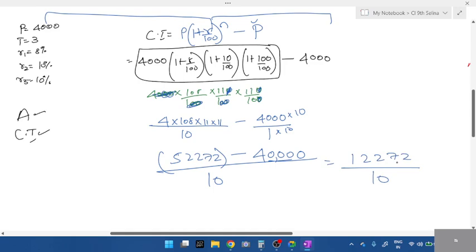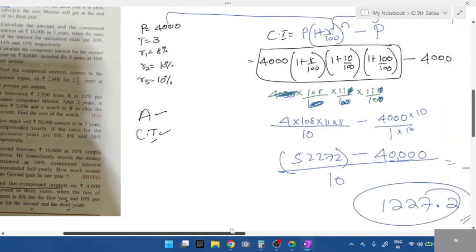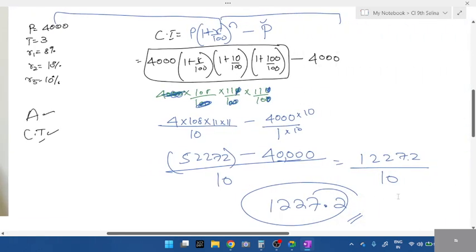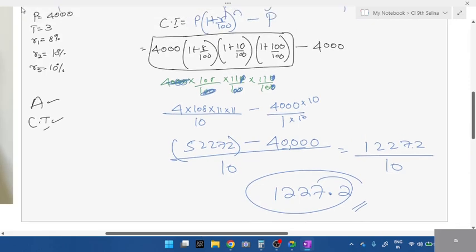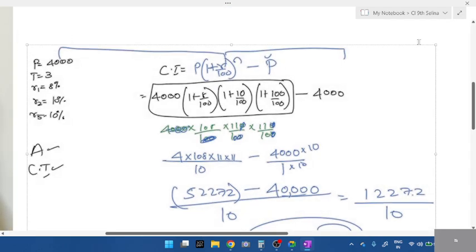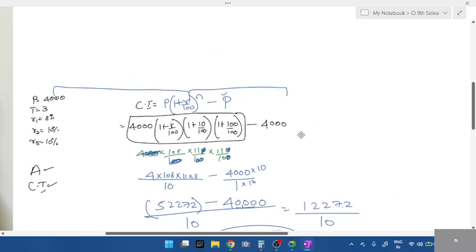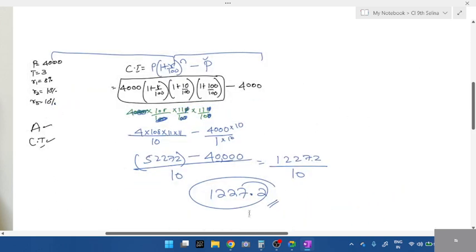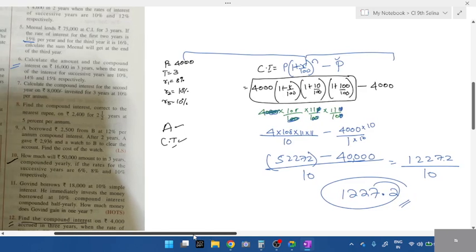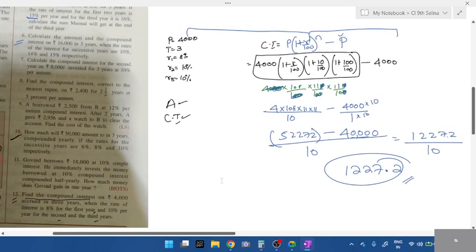Divided by 10, what's the value? If you keep a point, 1,227. Can you check the answer? Is this the answer? Even if you use year by year, step by step calculation, you'll get the same answer. That would have been a bit lengthy. This is just one step, one formula.